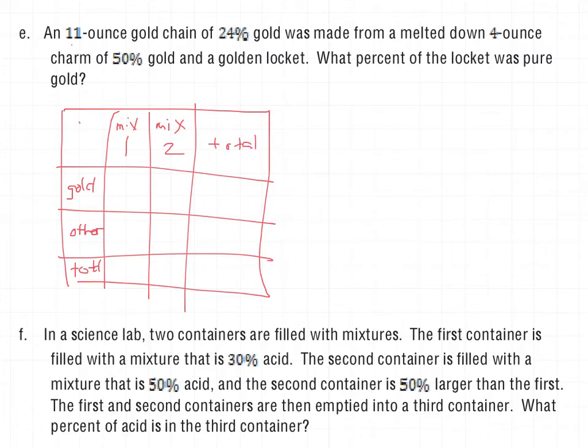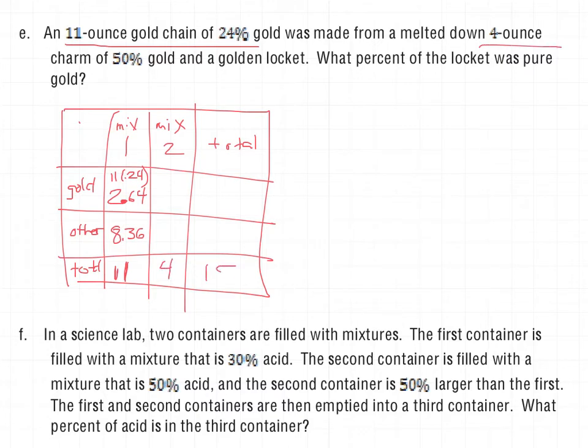First one says an 11 ounce gold chain that is 24% gold. All right, so this is going to be 11 times 0.24, 2.64. Our total amount here was 11. 11 minus 2.64 would tell me that this is 8.36 of other stuff. Mixture 2 is 4 ounces.